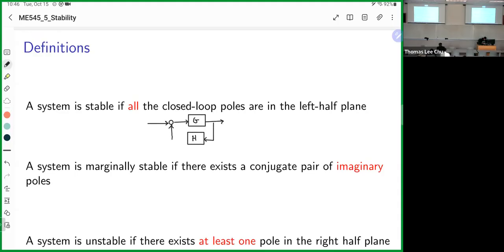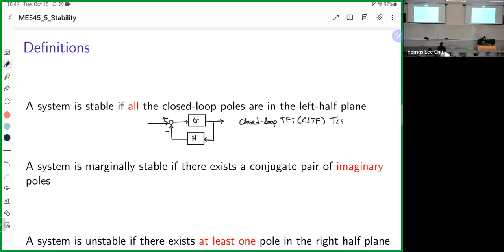And one thing I want to talk about is the difference between closed loop and open loop poles. So the closed loop transfer function, usually in the textbook, we denote it as T of s, and sometimes we'll write CLTF for closed loop transfer function.